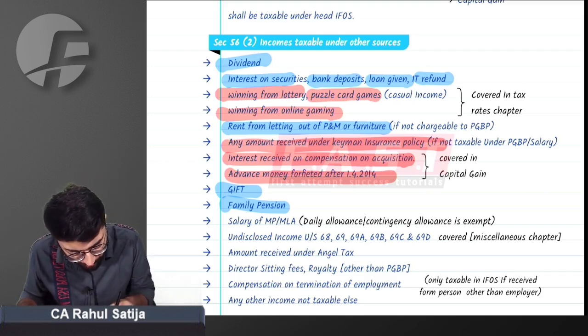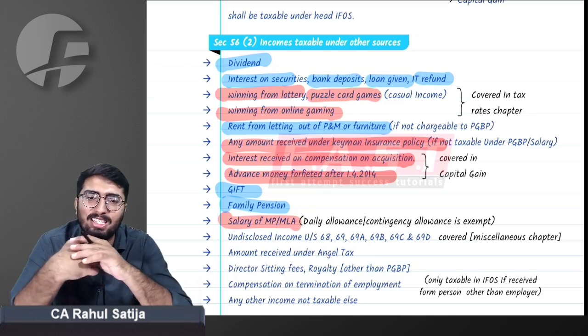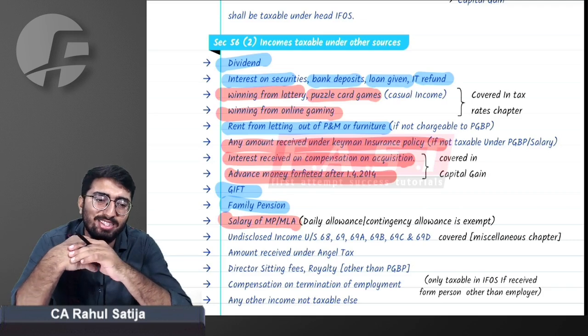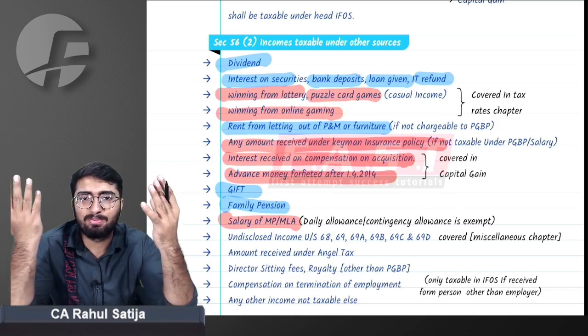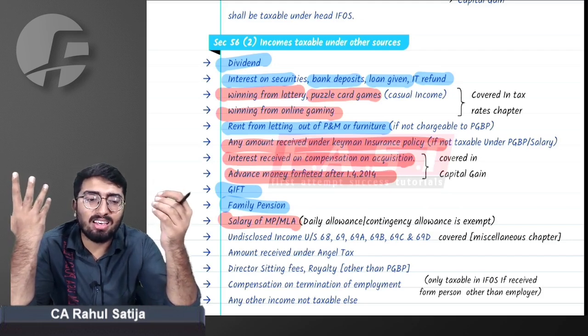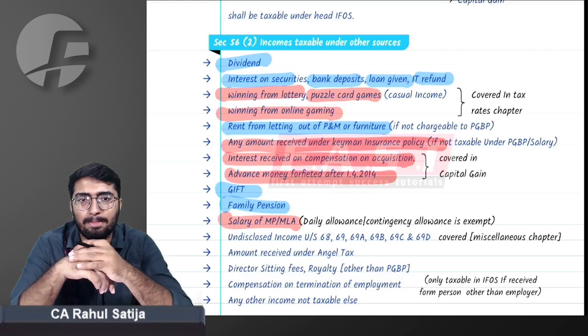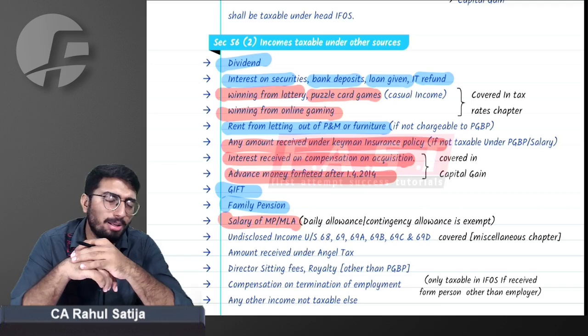Salary of MP and MLA will never be taxable under the head salary. Why not? Because they are not doing any employment. They are providing service to the general public. We call it seva. It is volunteering work, not an employment, not a professional service.